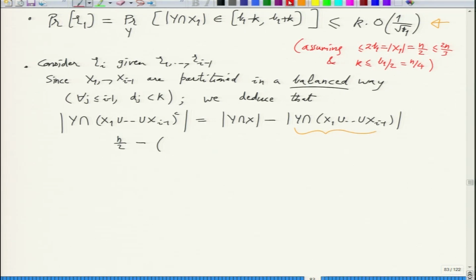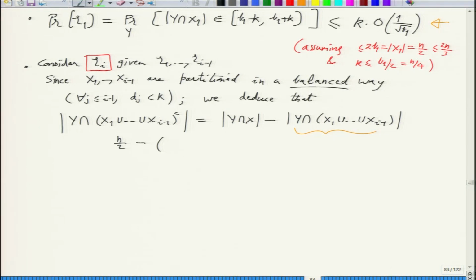Remember what you wanted to study, Ei, right? So you want this to be small. So you want an upper bound here. And if you look at y intersection x1 and x2 and xi minus 1, you have a lower bound for this, because for these the partition happened in a balanced way. So you actually have both lower and upper bounds.